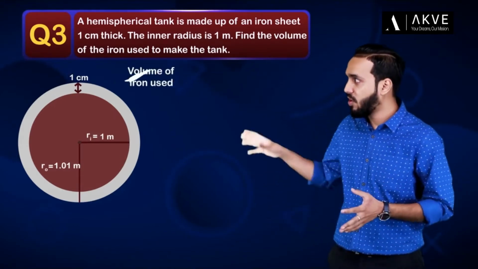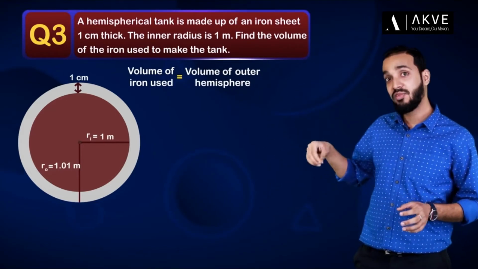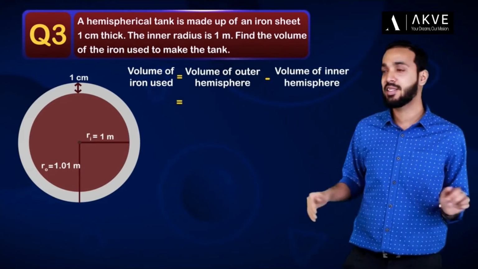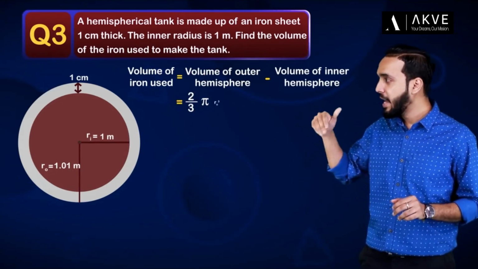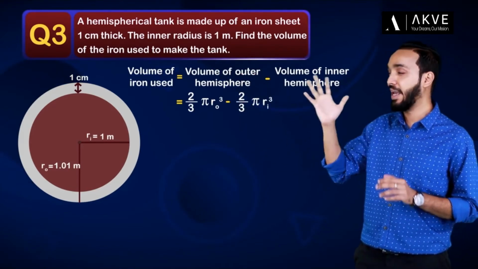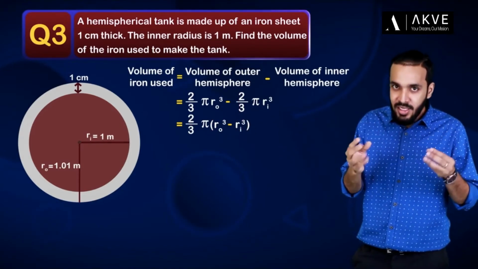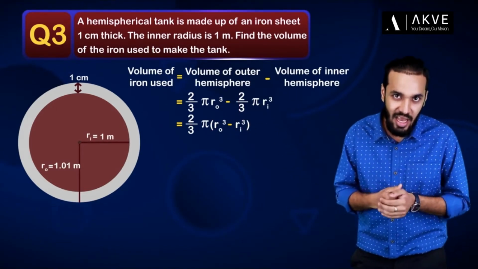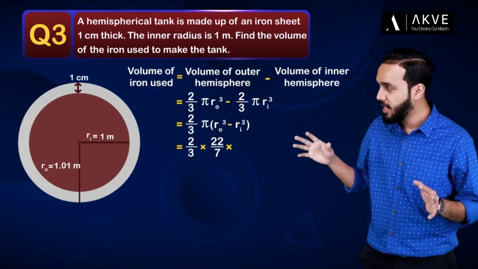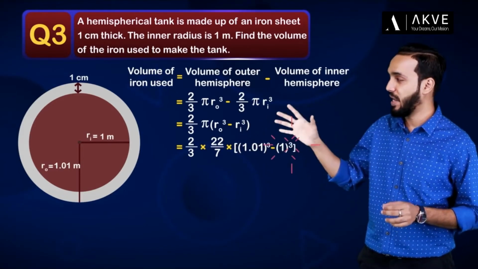Now, the volume of the iron used, as we just discussed, would be the volume of the outer hemisphere minus the volume of the inner hemisphere, that is 2 by 3 pi Ro cubed minus 2 by 3 pi Ri cubed. On taking 2 by 3 pi common and then substituting the values of the given radii, we get 2 by 3 into 22 by 7 into 1.01 whole cubed minus 1 cubed.